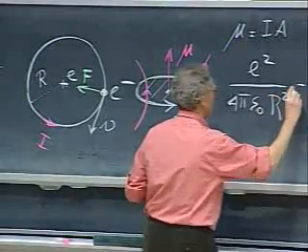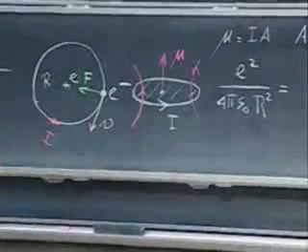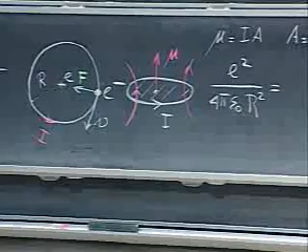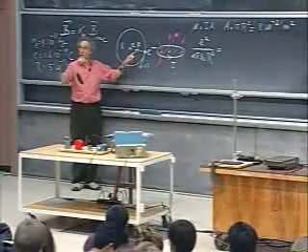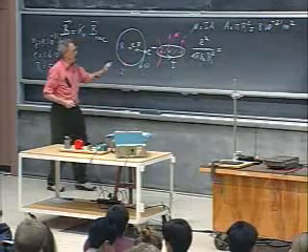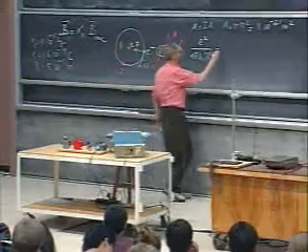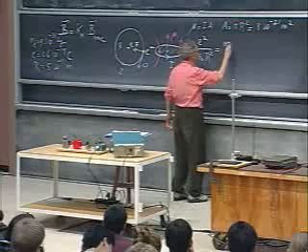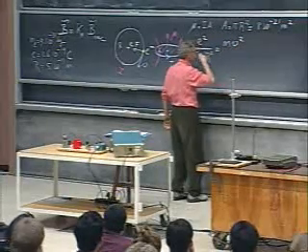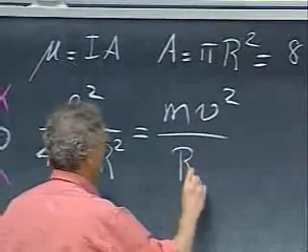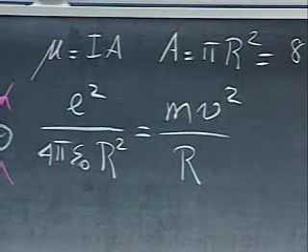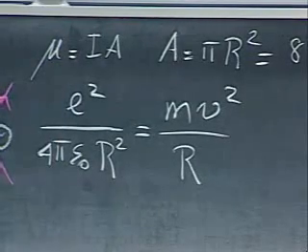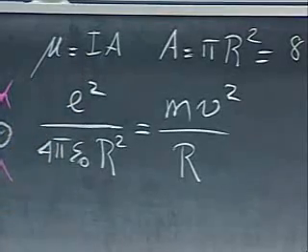So that's Coulomb's law. But from 801, from Newtonian mechanics, we know that this is what we call the centripetal force that holds it in orbit, so to speak, and that is m v squared divided by r, m being the mass of the electron, v being the speed of the electron. And so this allows me to calculate, as a first step before we get into the current, what the velocity of this electron is.